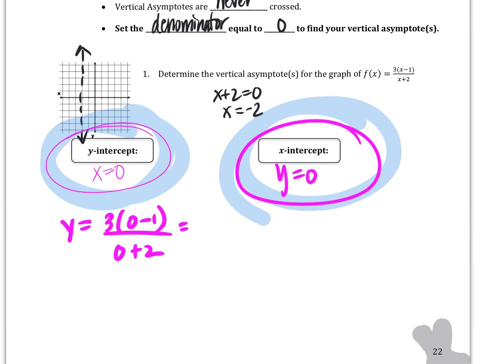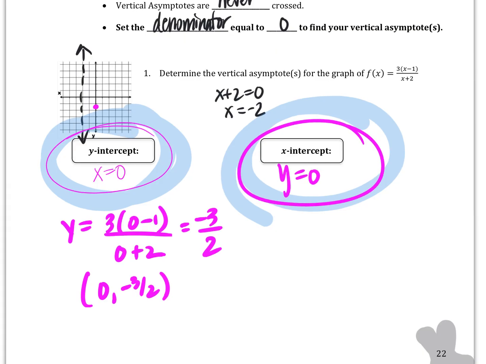What are we getting on top? -3 over 2. So my y-intercept, when x is 0, my y is -3/2. That just means I'm going to go down 1.5. There's my y-intercept.